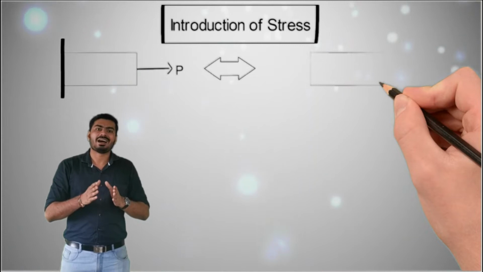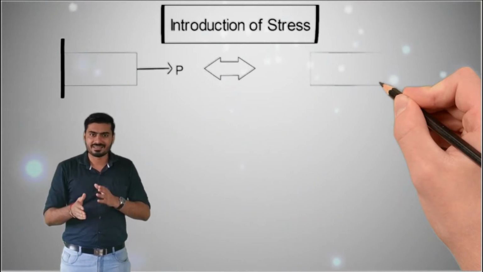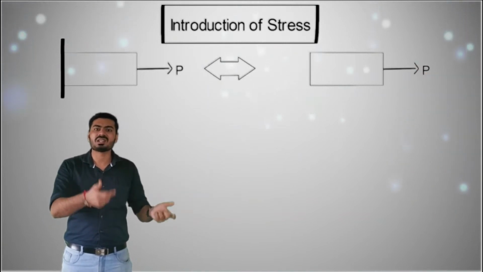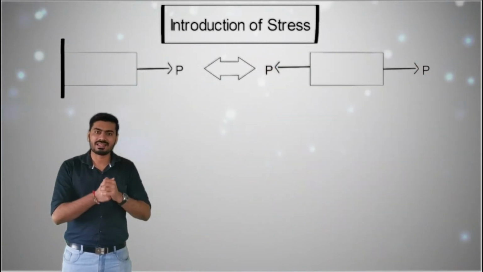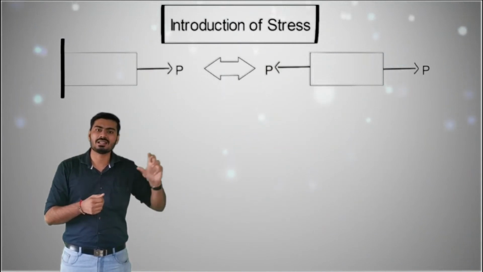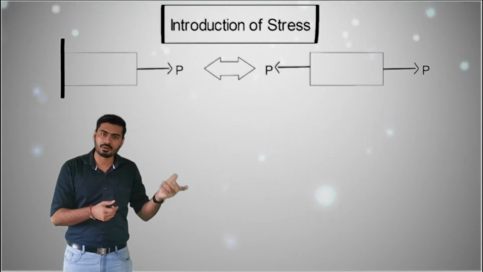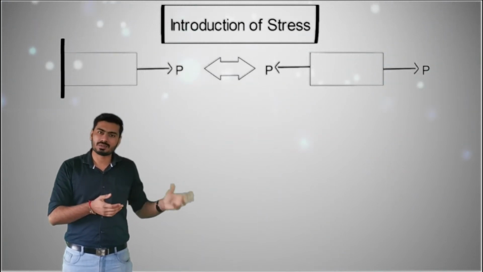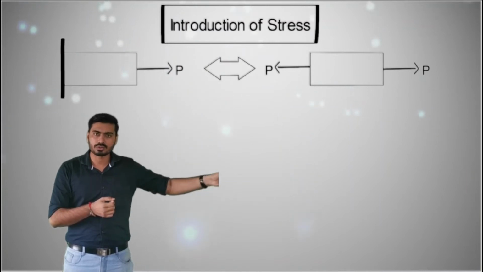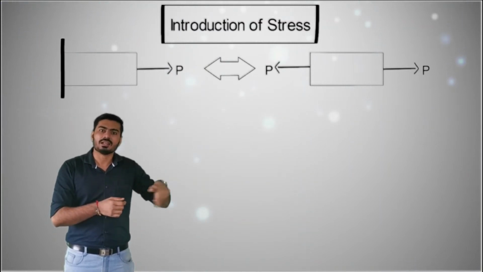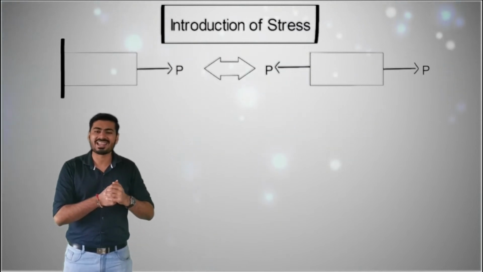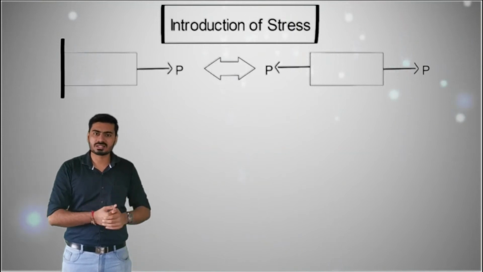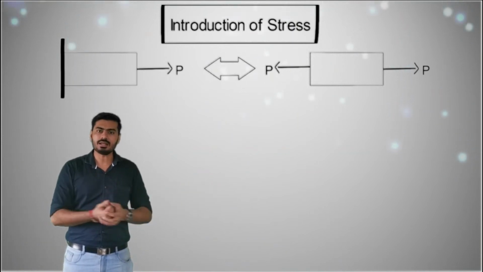The body is fixed at one end, and that's why whenever we apply an external force P on the body, it will create a reaction in the opposite direction, and that reaction will be exactly equal to the externally applied force, that is P. So the body can be equally represented by the externally applied horizontal force to the right and the force generated as a reaction having the same value P. So there will be two different forces, one horizontally to the right and another to the left.